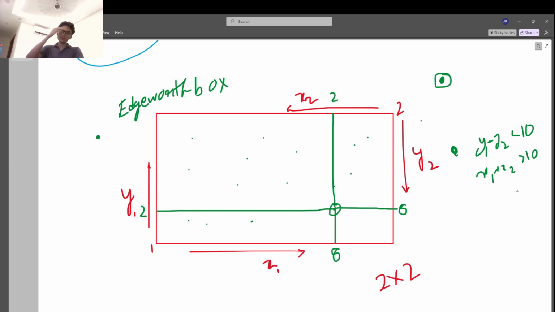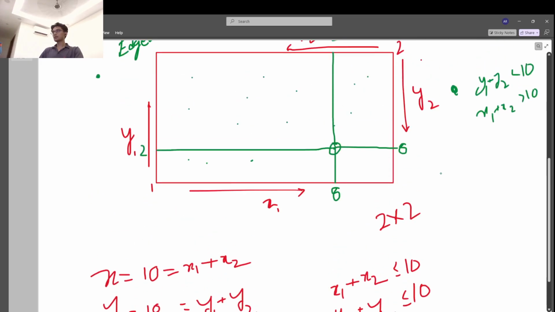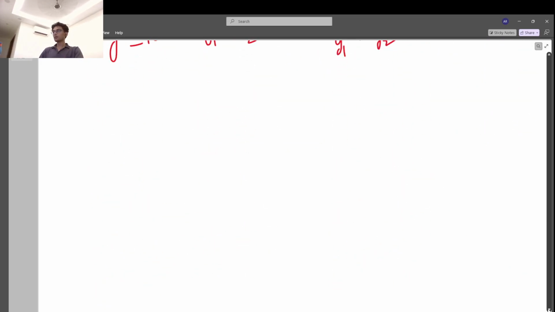So you can see these are really simple ideas. So this is the idea of the Edgeworth box and the initial endowment.